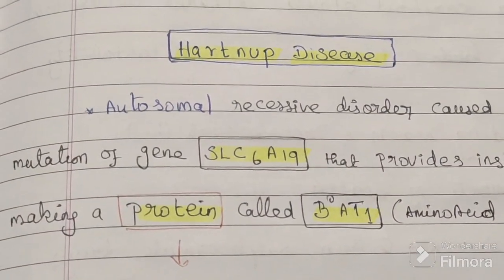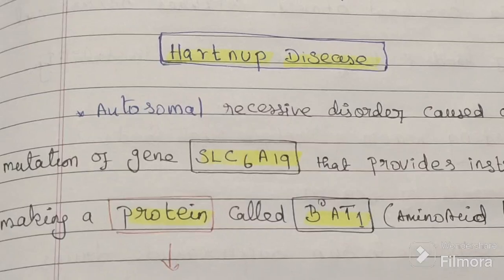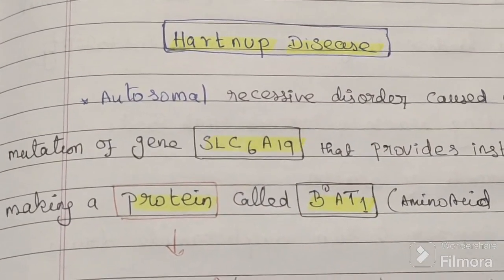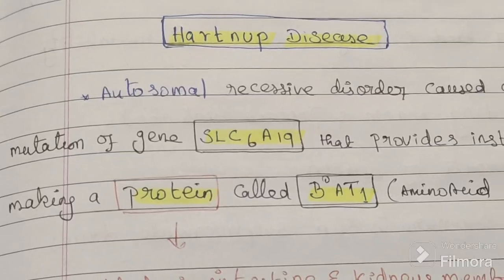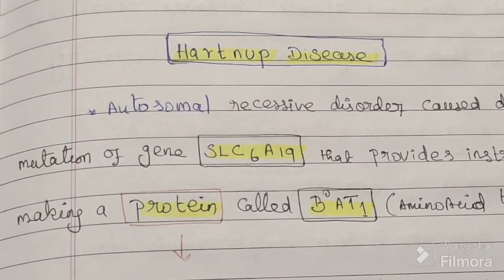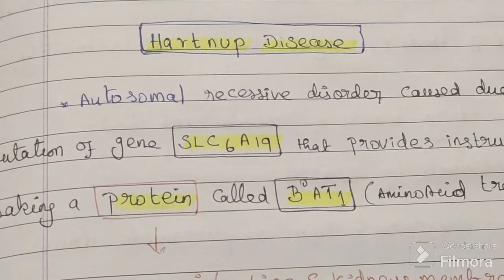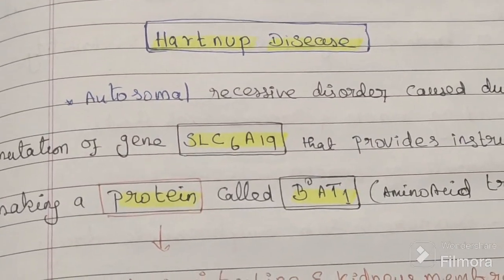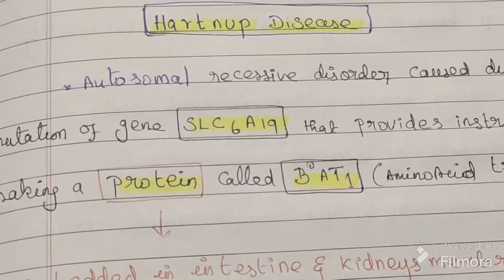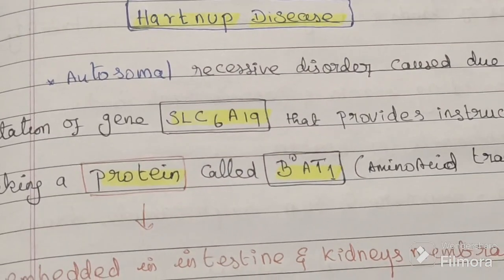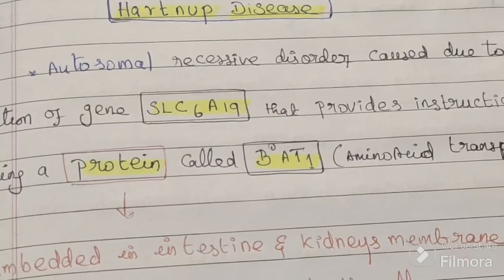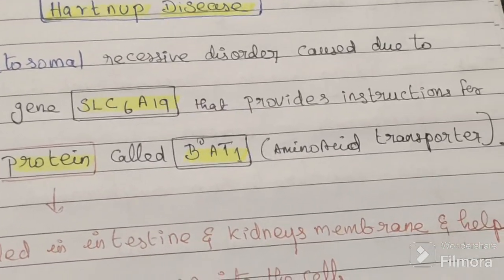Next condition, inborn error of amino acid metabolism: Hartnup disease. Hartnup disease is an autosomal recessive disorder caused by mutation of the gene SLC6A19, which provides instructions for making a protein called an amino acid transporter.